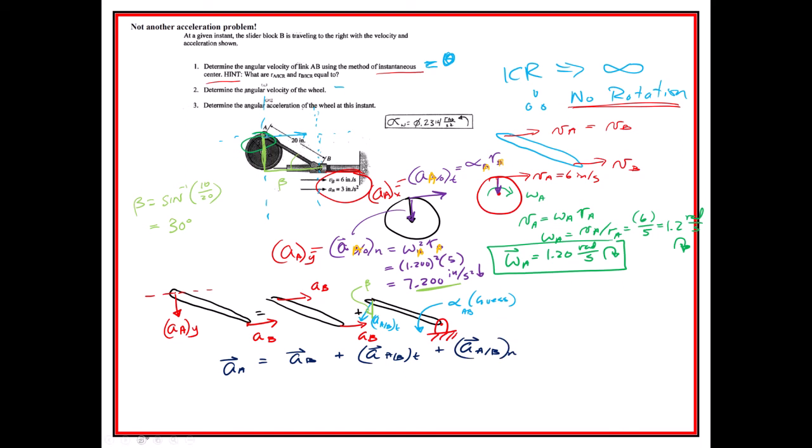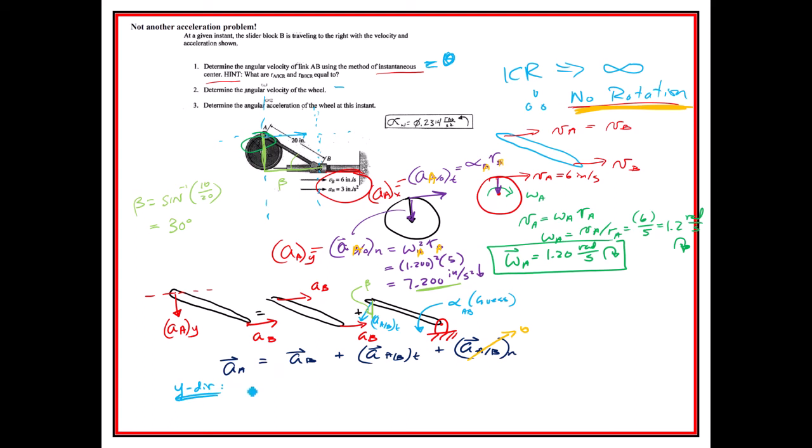But we know because the angular velocity is 0, no rotation, right here, that goes to 0. That's a simplification. It helps us out. So we'll write out this thing in the Y direction because we know everything in the Y direction, so that's good for us as a strategy.